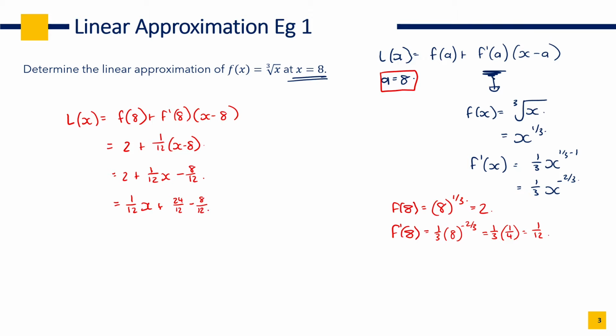And 24 minus 8 gives us 16. So we end up with 1/12 x plus 16/12, and that gives us our approximation at the point x equal to 8.